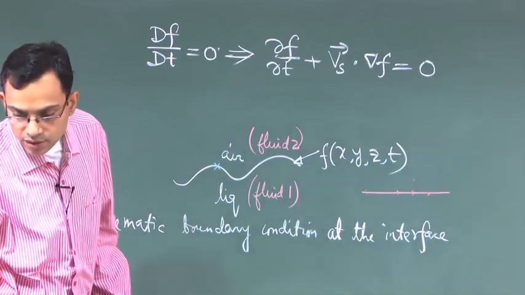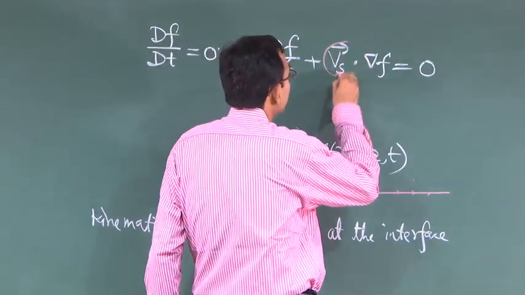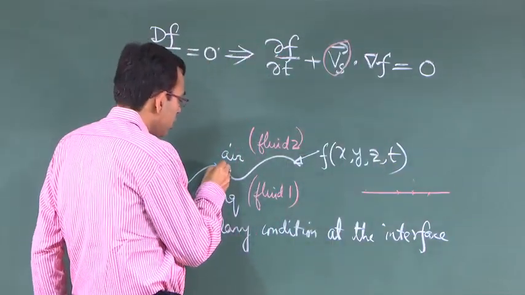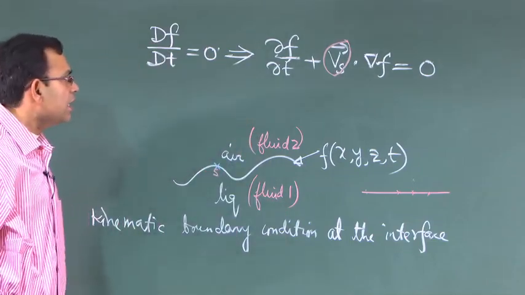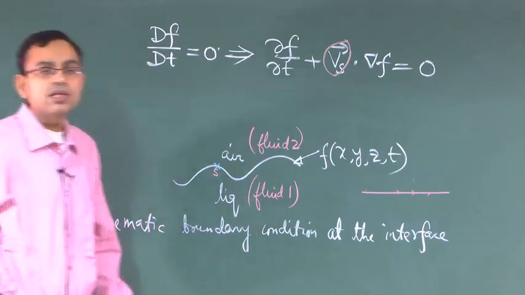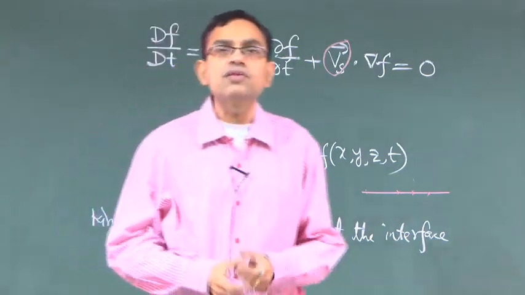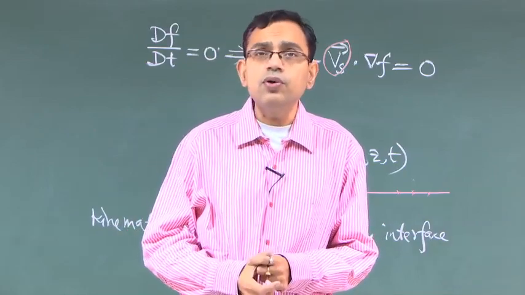this Vs is the velocity of a point located at any point S on the interface. This is the short form of a velocity called the surface velocity. The question is, is this velocity the same as the fluid velocity?